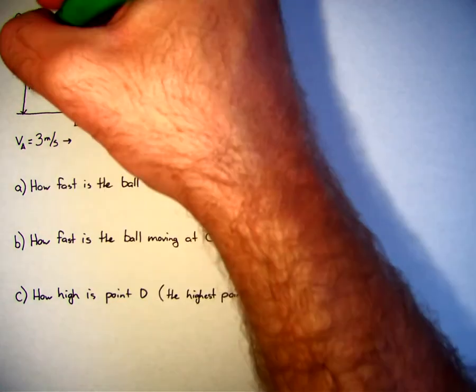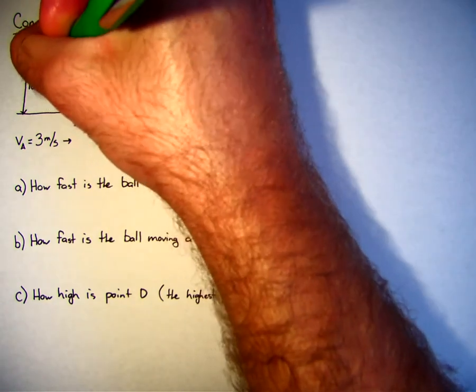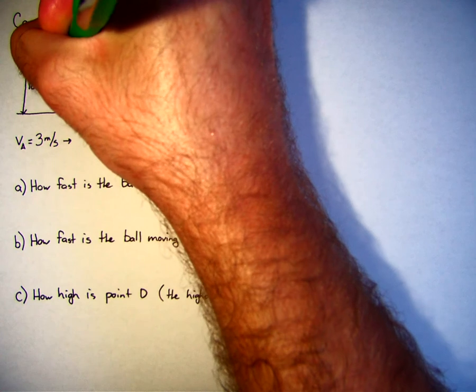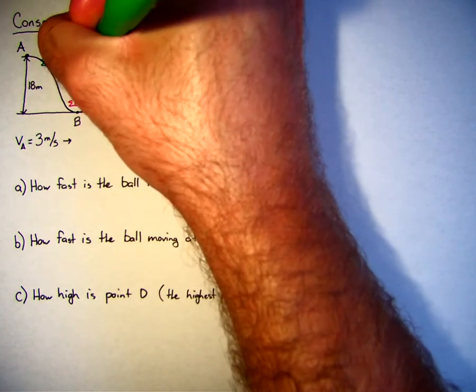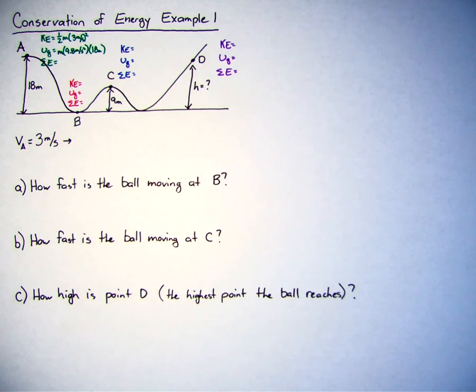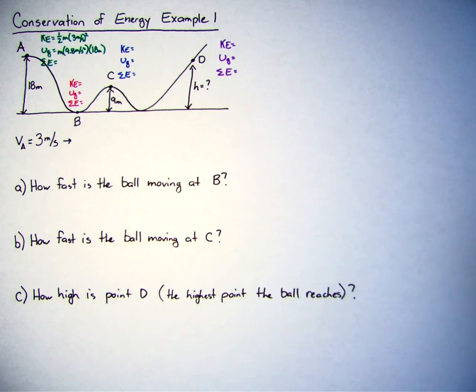I know the gravitational potential energy is the mass times the acceleration, which is 9.8 meters per second squared, times the height, which is 18 meters. Then I know that the total energy is going to be the sum of these two energies. So I'm just going to calculate what a value is going to be using that variable m there.